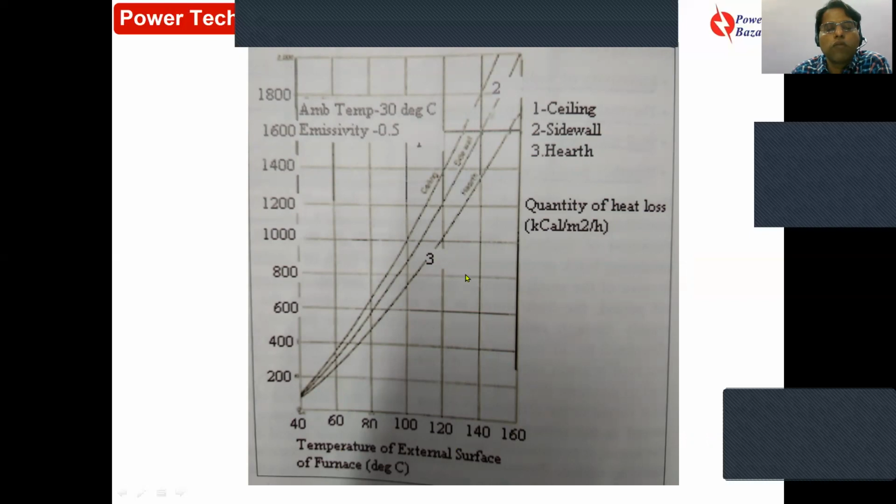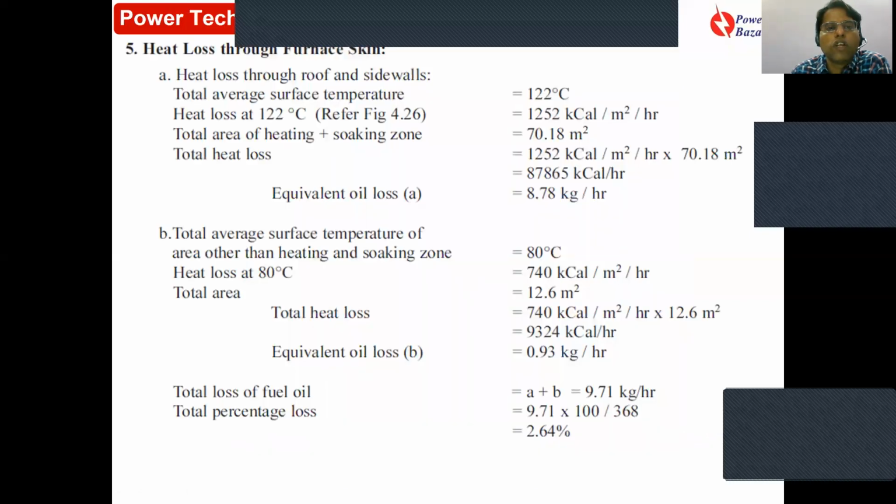Based on this formula also we can calculate the quantity of heat loss. Then we calculated the heat loss due to furnace skin, that is the sidewall and roof, for which we considered figure 4.26. By multiplying the area by the heat rate, we can calculate the total heat rate, divided by the fuel rate, and we get the total percentage of efficiency.